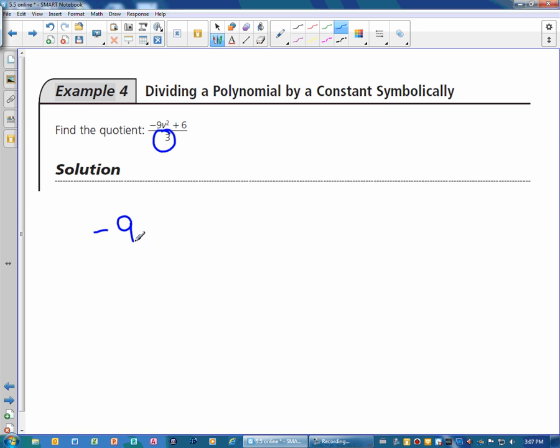So my question becomes negative 9v squared over 3 and then plus 6 over 3. You need to remember that each of the parts need to be divided by 3. Okay? And then in my first fraction, I can only divide the numbers by numbers. I don't know what v is. I can't divide it by 3, so nothing happens to the v squared. It's just still sitting there being v squared.